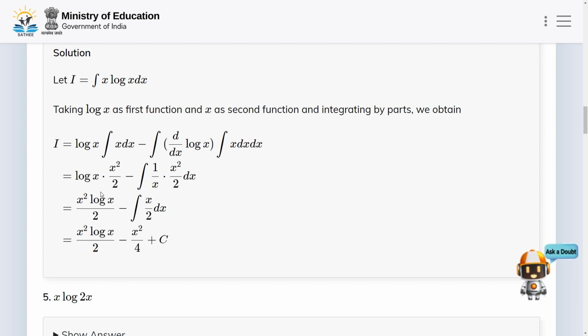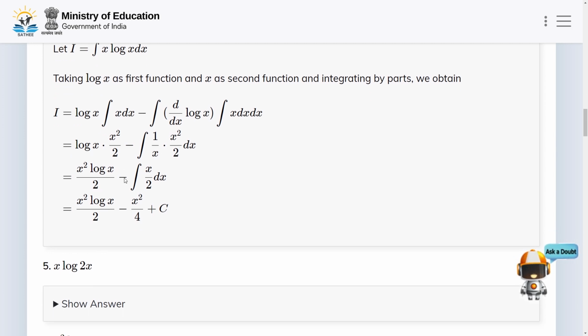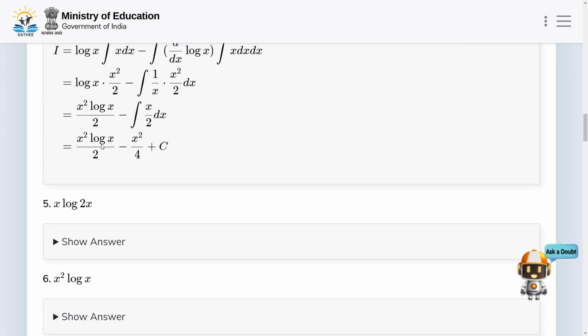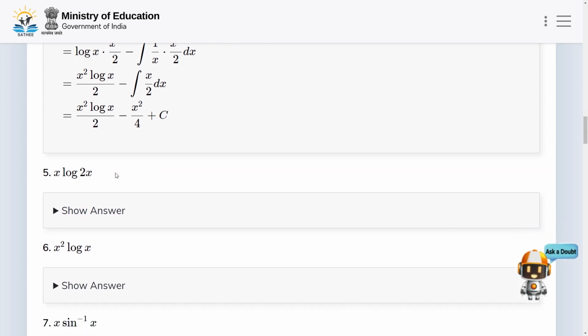The x will be cancelled. You are left with x square log x divided by 2 minus the integration of x by 2, and the integration of x by 2 is just x square by 4. This means x square multiplied by log x divided by 2 minus x square divided by 4 plus c will be your final answer.